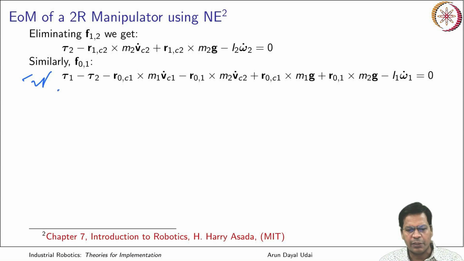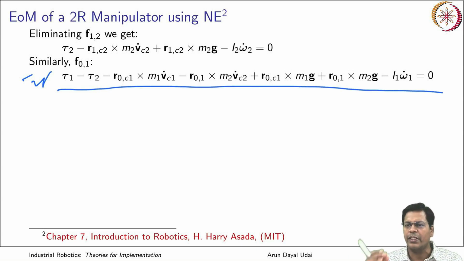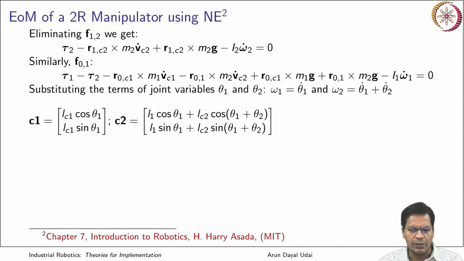So it looks quite expanded and difficult, but actually they are derived out of two fundamental equations, Newton equation and Euler equation, that is the force balance and the moment balance equation for link 1 and link 2. So immediately you can write it like this. Got it? So now solving this and using some terms which are like this. Theta 1 and theta 2 are the joint variables.